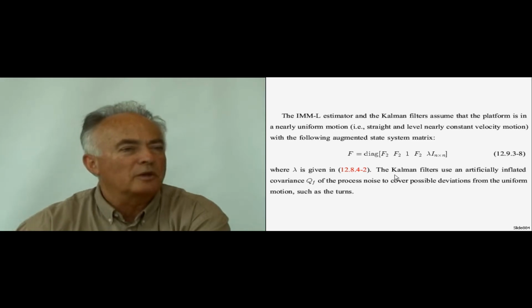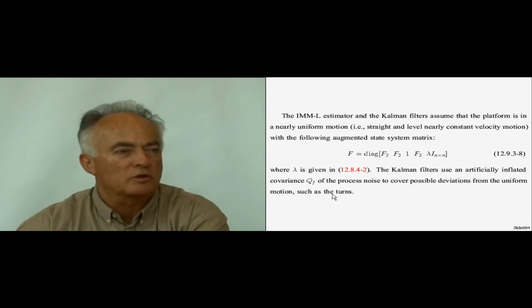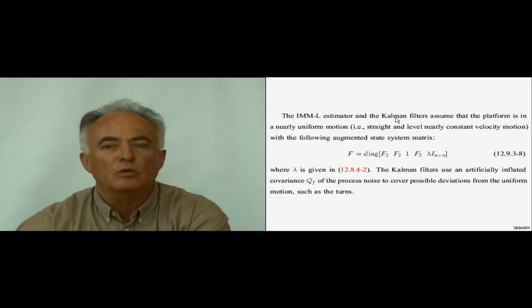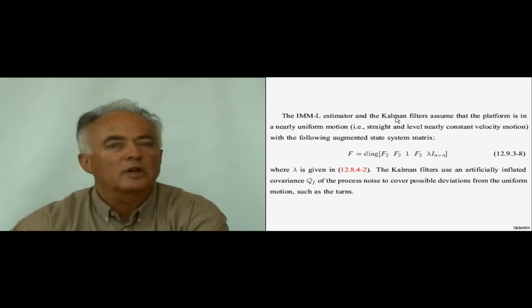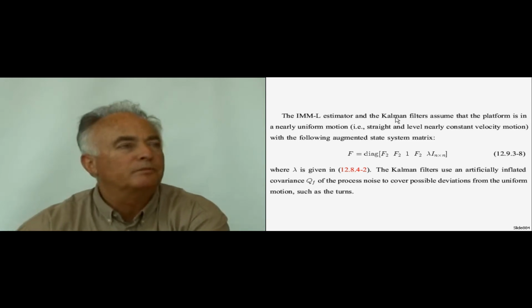Now, the Kalman filters use an artificially inflated covariance QF of the process noise to cover possible deviations from the uniform motion, such as turns. So, the KF1, KF2 use some noise that can handle the maneuvers.